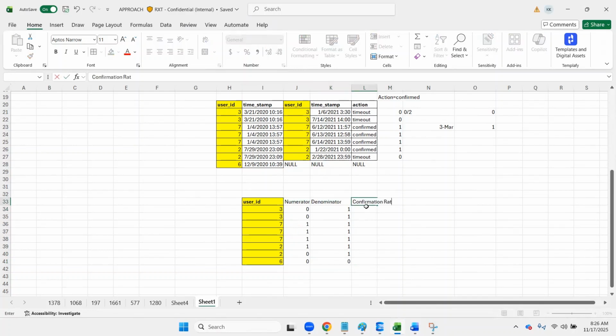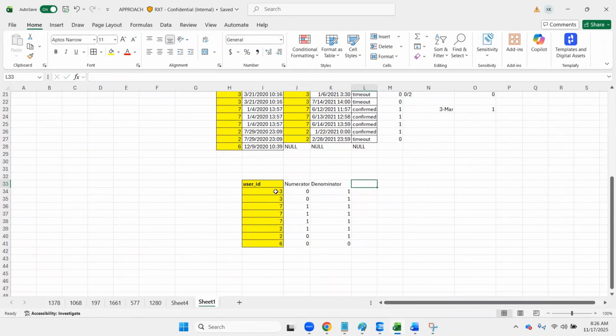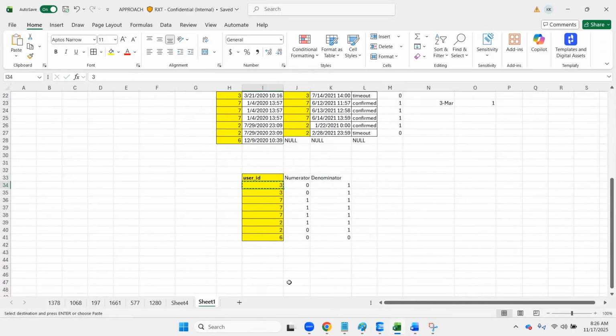Now the confirmation rate. Before applying the formula, because the values were duplicated, I'm aggregating.